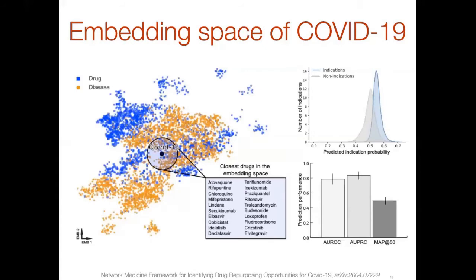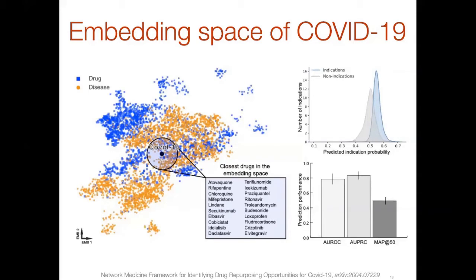In coming up with that list, we wanted to understand how COVID-19 relates to drugs and to other diseases. What is the structure of that pharmacological space that we talked about in the case of COVID-19?